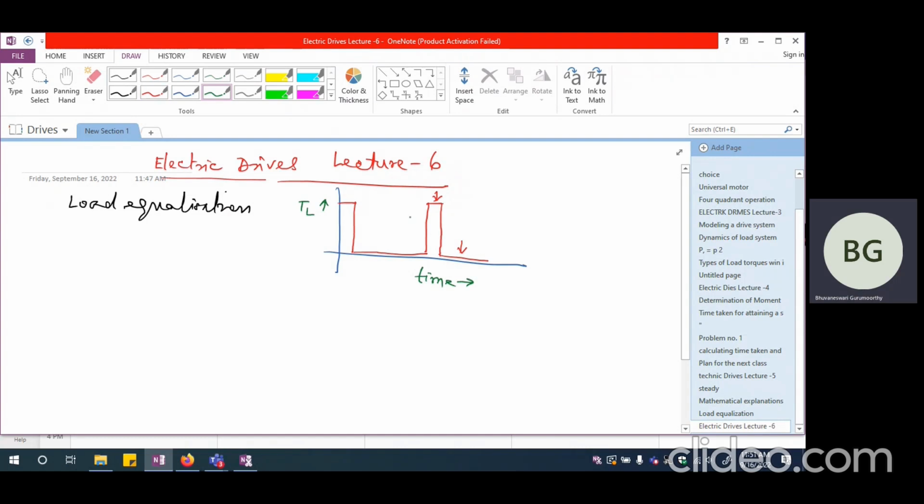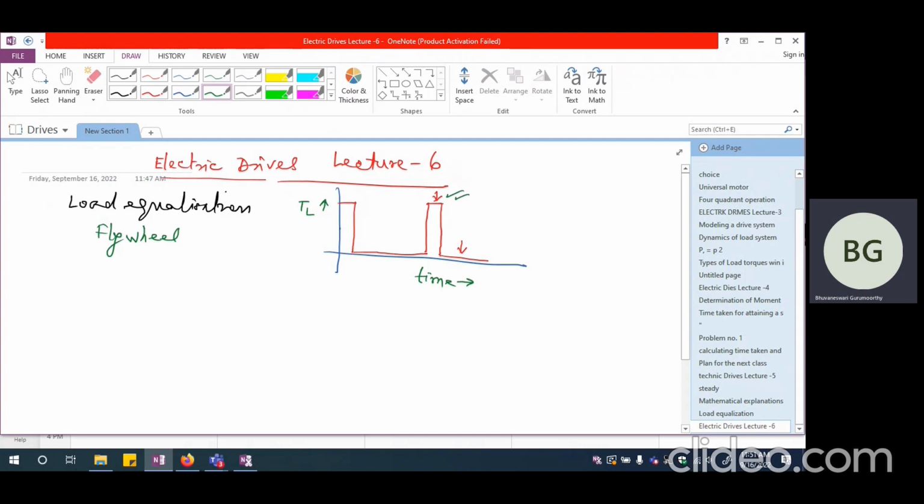Now, if there is a huge variation in the load torque, rather than really depicting this large variation in the load torque directly to the motor, if we are able to put some kind of energy storing mechanism in between, something like a flywheel, it can store some amount of kinetic energy whenever the load torque demand is lower, and it can release that energy whenever the load torque demand is higher.